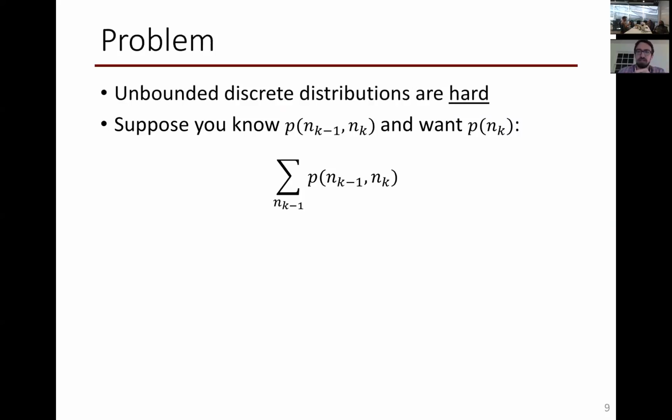I just take the joint distribution and sum over all possible values of n_{k-1}. That's the correct way to do it. However, n_{k-1} has infinitely many possible values, so this sum is an infinite sum, and in general there's no way to do this for an arbitrary joint distribution. For some particular distributions, you might get lucky and this will have a closed form, but in general this is not possible to answer simply.